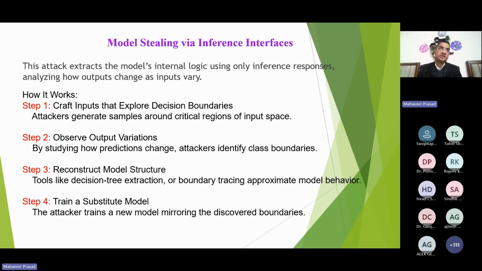They identify regions of uncertainty, sharp decision slopes, boundary curvatures, and internal regional patterns. Often attackers use techniques like decision tree extraction, boundary tracing, rule mining, and active learning. The end goal is to build a highly accurate approximation of the model's internal logic.